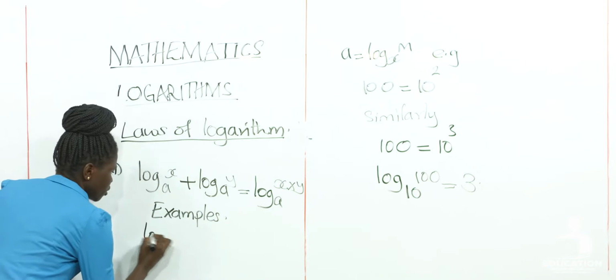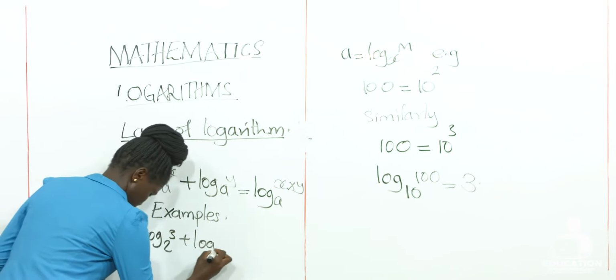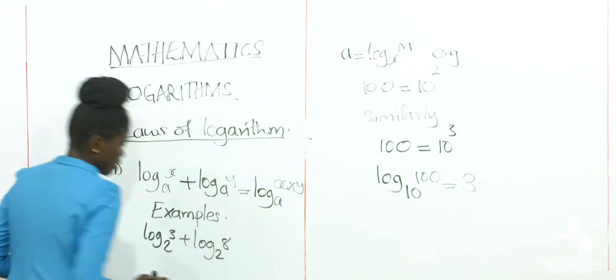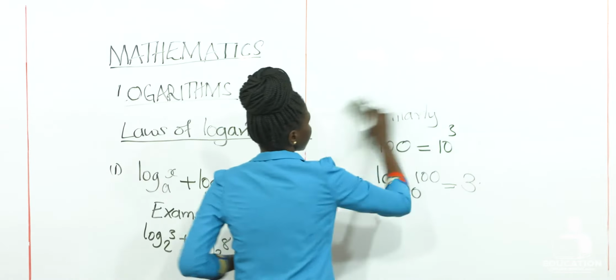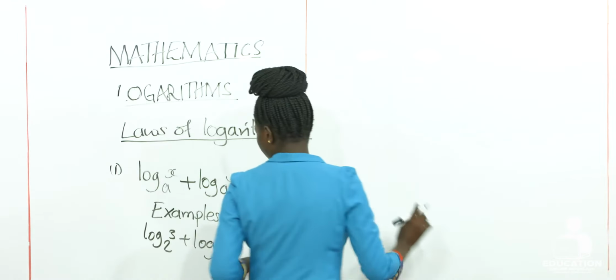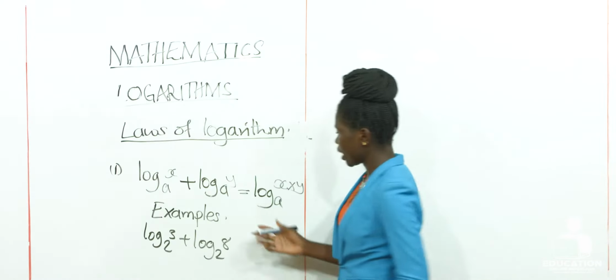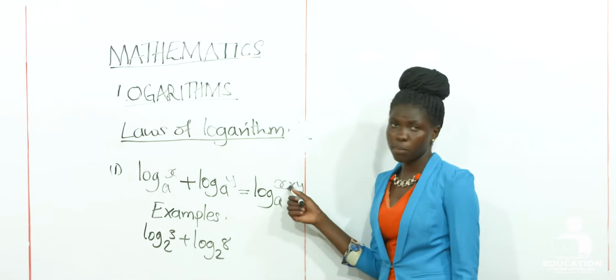If given log 2 of 3 plus log 2 of 8, when given a number like this, and remember we're having an example on our first law, that when given numbers of the same base, we multiply the powers.